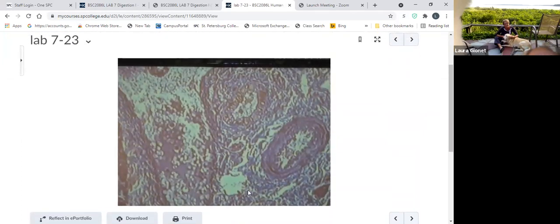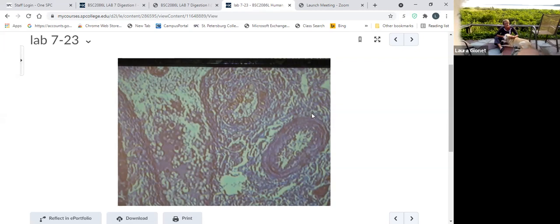This is showing you one of these portal triads within the liver. Here we have a hepatic triad. We have an artery here at about 3 o'clock. You can see a muscular wall, and you can see red blood cells in the center. To the left, you can't even see the entire thing. It's so huge. The hepatic portal vein is like the Grand Canyon compared to the arteries and the ducts.